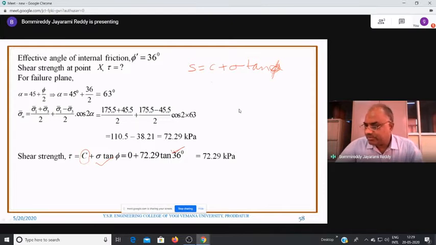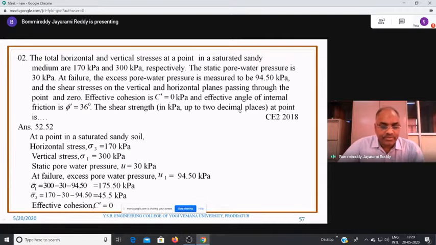So how to calculate sigma 1 in the problem? You know that the pore water pressure and also the horizontal and vertical stresses are given. Find out the effective stresses in the major and minor principal stress directions.